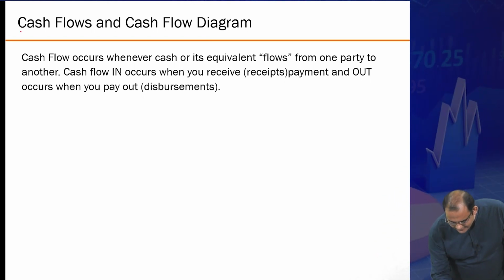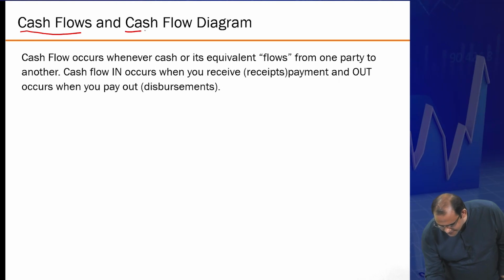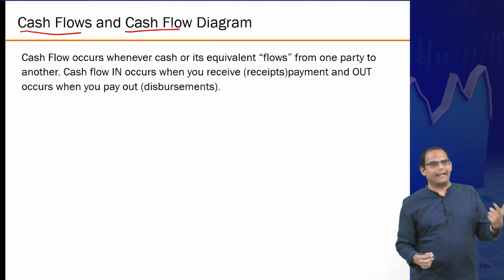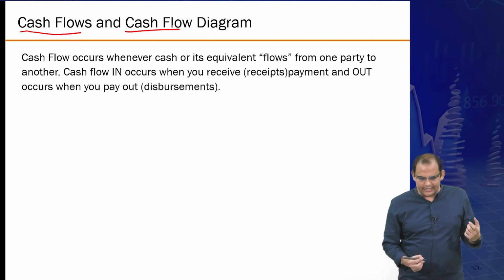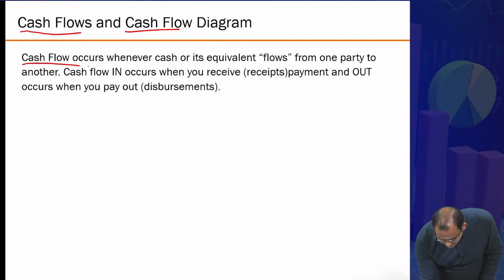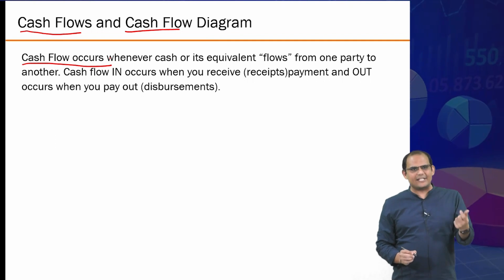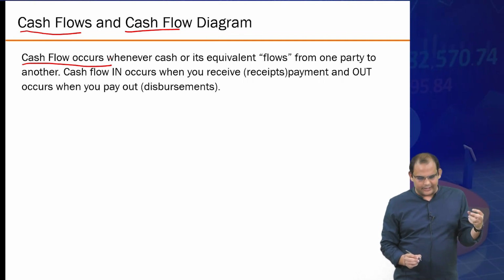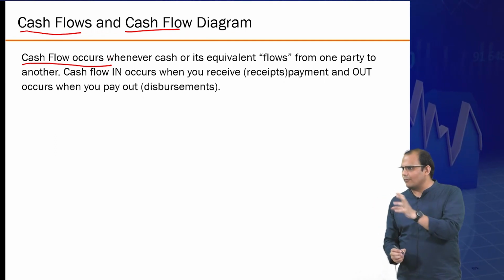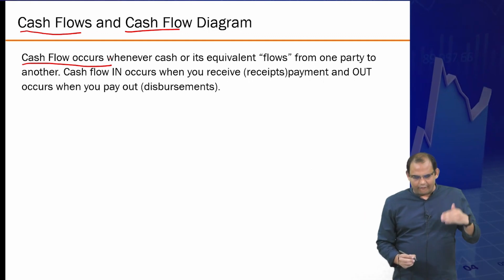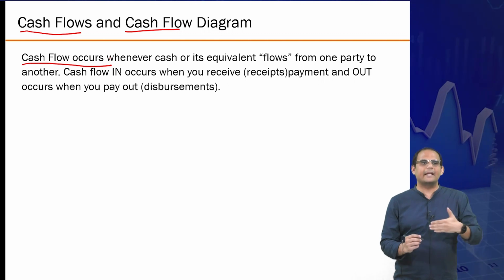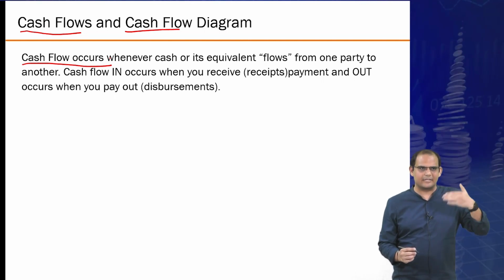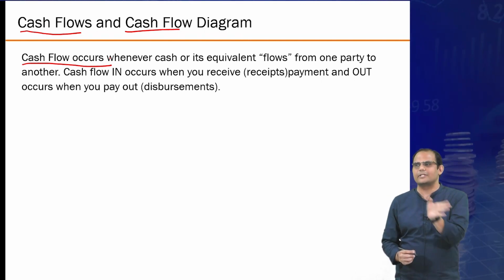So, this is a very important term, something called a cash flow and a cash flow diagram. A cash flow diagram is basically a diagram representing cash flows. Cash flow occurs whenever cash, which is the real hard money, or equivalent of what you consider valuable, flows from one party to another, okay. Typically in a transaction there are 2 parties, someone who is giving the money, someone who is receiving the money.